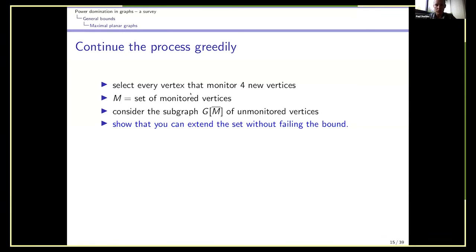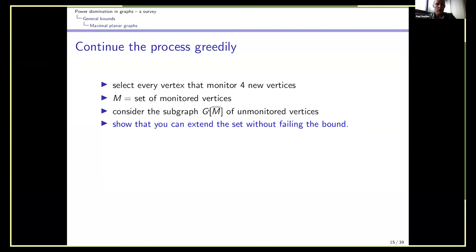We compute the set of monitored vertices and look at when we are stuck, when we cannot choose a vertex which will dominate 4 new vertices, and that's when we will be in trouble for our proof. We will look at the subgraph of the vertices which are not monitored, and we will either get that it is empty or find a way to monitor 4 new vertices and get a contradiction.